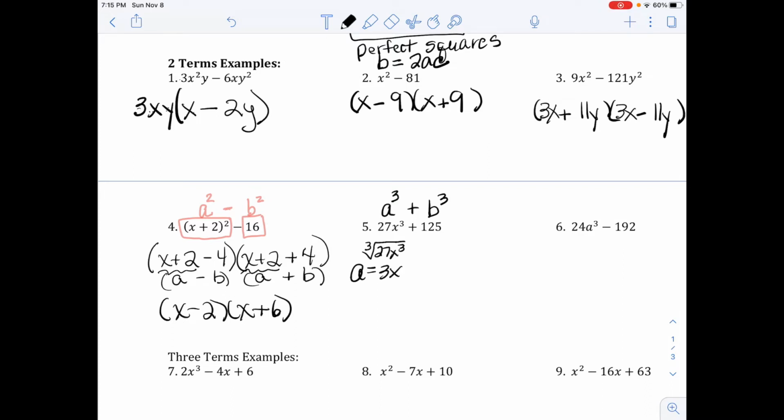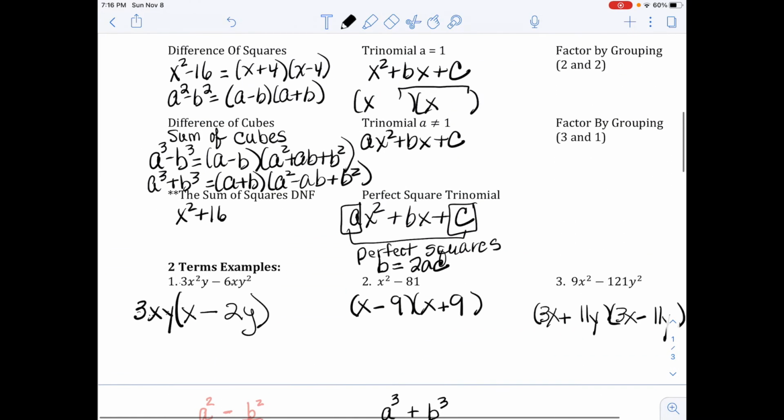For B, you're thinking what number times itself 3 times is 125, and that's 5. You can also utilize the cube root button on your calculator. Right now you're just inserting these into the pattern. So A plus B.